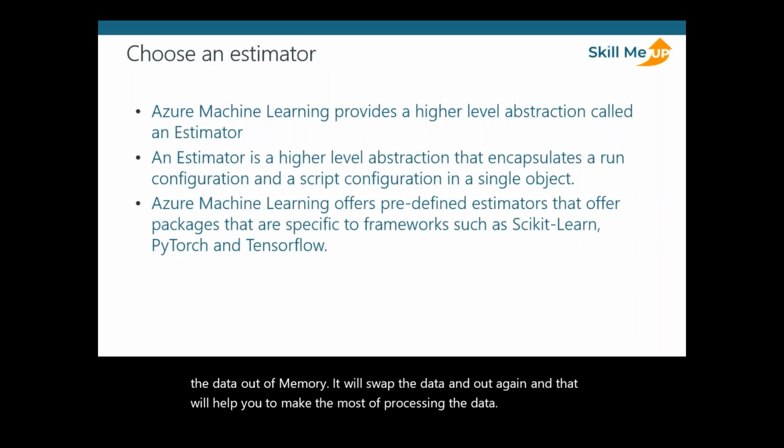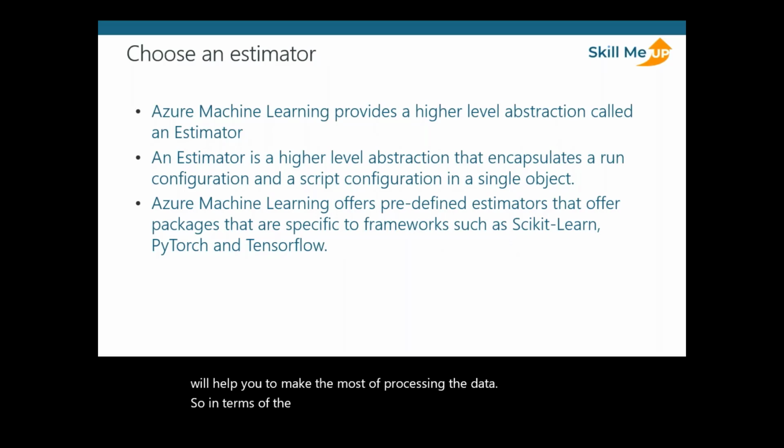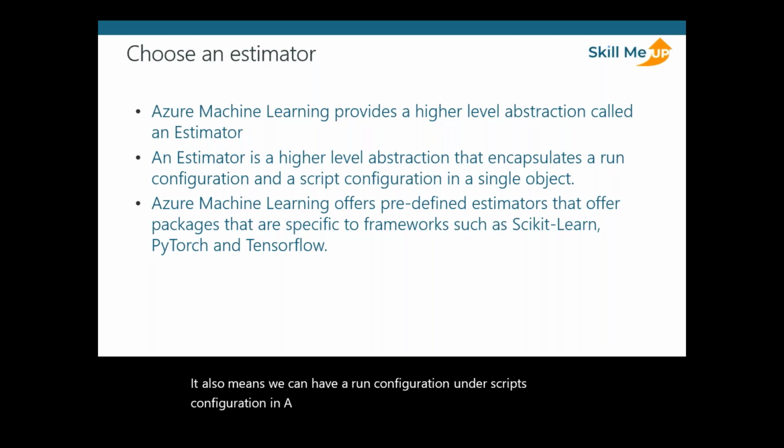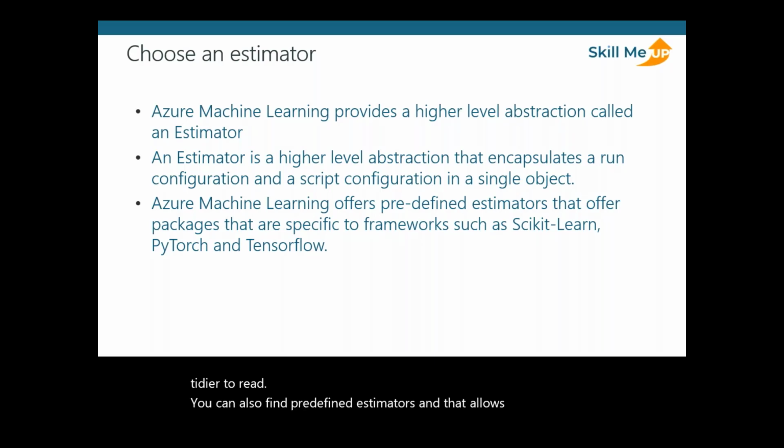So in terms of the estimator, what does this mean? The estimator overall makes our Python code appear so much easier to read. It also means we can have our run configuration and our script configuration in a single object. That means that our code is much tidier to read. We can also find predefined estimators, and that allows us to use very specific frameworks in Python.